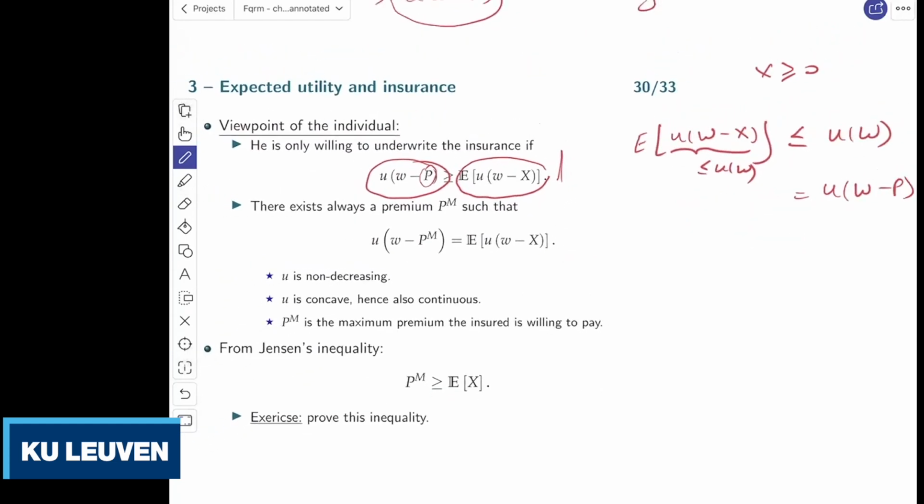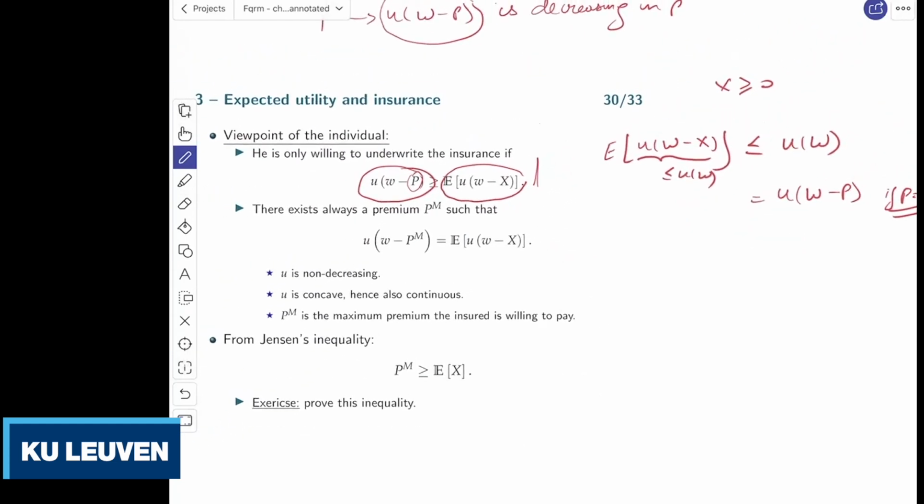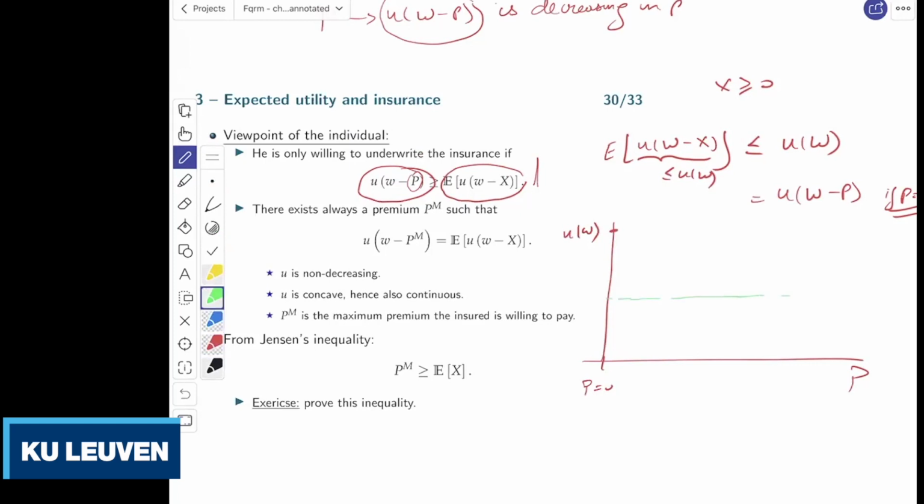Okay, so what we get is that if P, I put a premium here, P is 0, so here you have the utility U(W). And somewhere, let me take a different color, green, you have the expected utility, expectation U(W minus X).